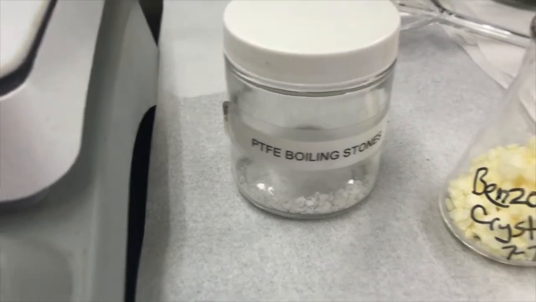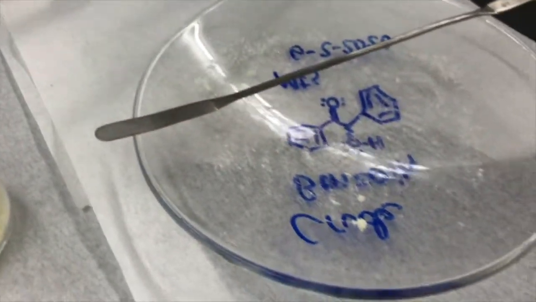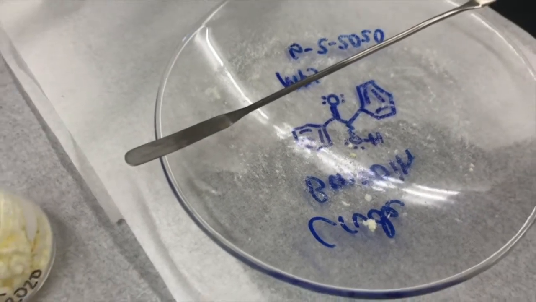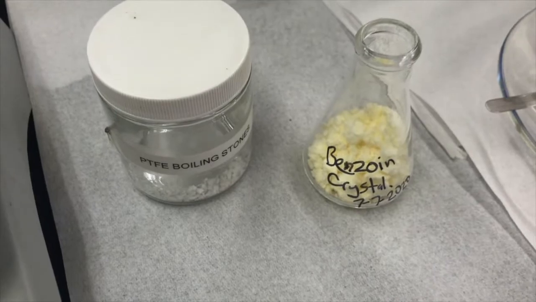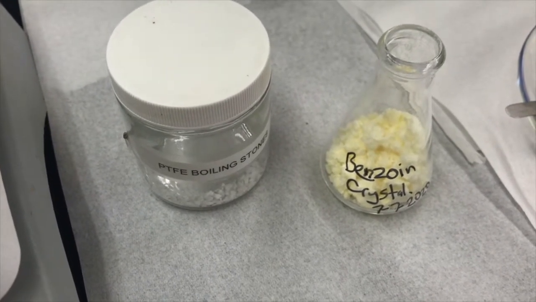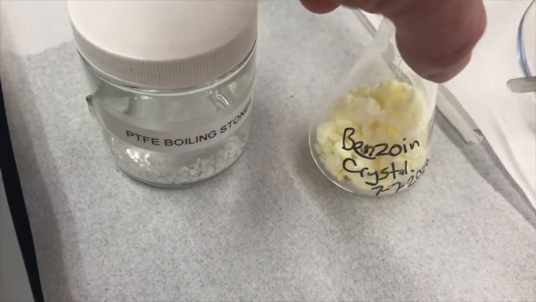PTFE. I've got my crude benzoin I scooped over from the watch glass. There's still some residual solid left on the watch glass, but I'll get that. My plan is to dissolve this crude benzoin in just enough hot ethanol to get it all dissolved, and then let it cool to crystallize. I want to heat it as I do it, but I don't want to heat this yet.